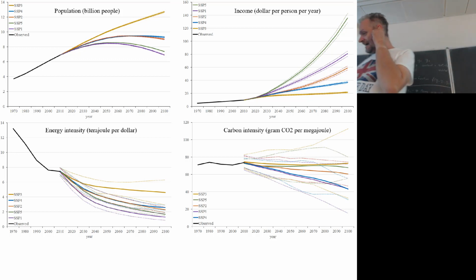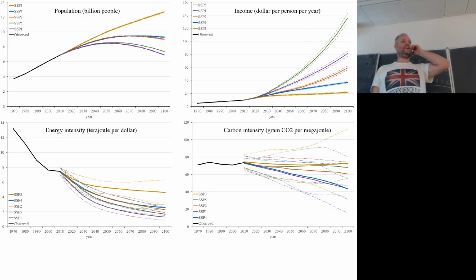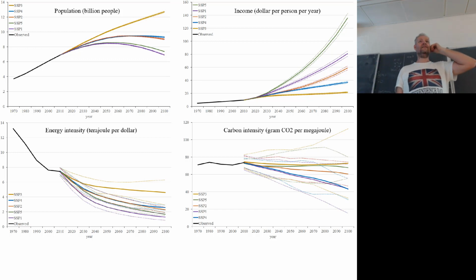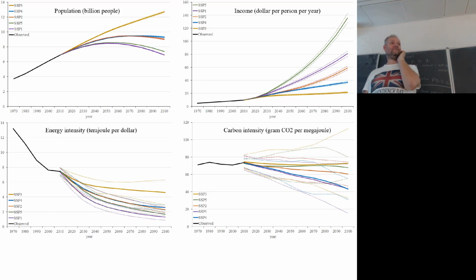The reason that the most pessimistic scenario is still fairly optimistic, right? Almost a tripling of average income, is that these are scenarios that come out of the United Nations, and they have been approved by every government in the world. And you can't get government approval if you say, well, we're going to wreck the economy, right?